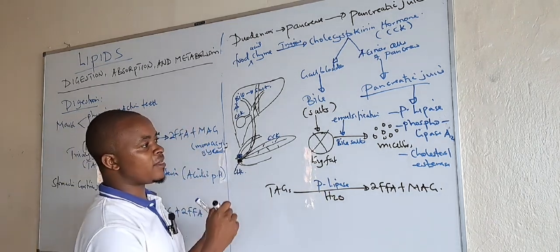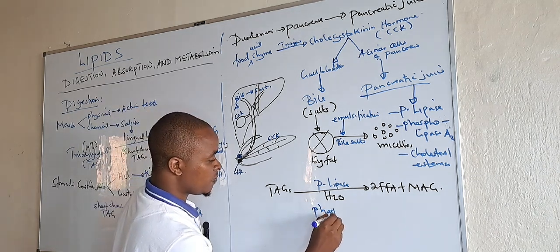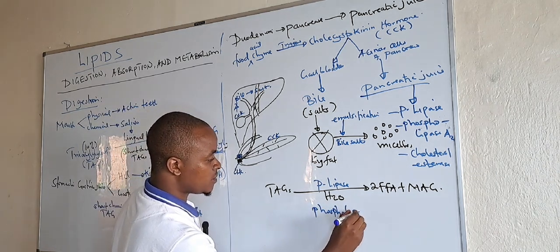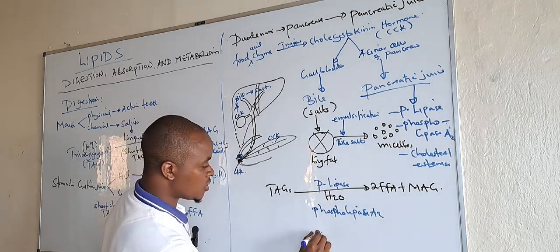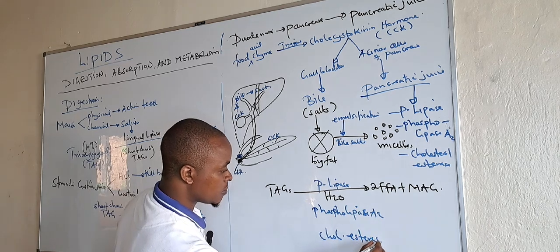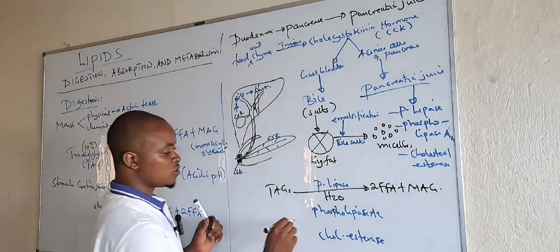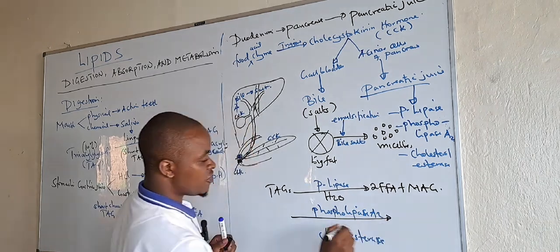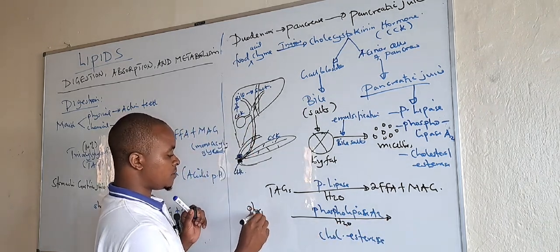Then we have another enzyme known as phospholipase A2, and another enzyme, cholesterol esterase. These are the enzymes in the pancreatic juice. Phospholipase A2 catalyzes the hydrolysis of phospholipids in the food.